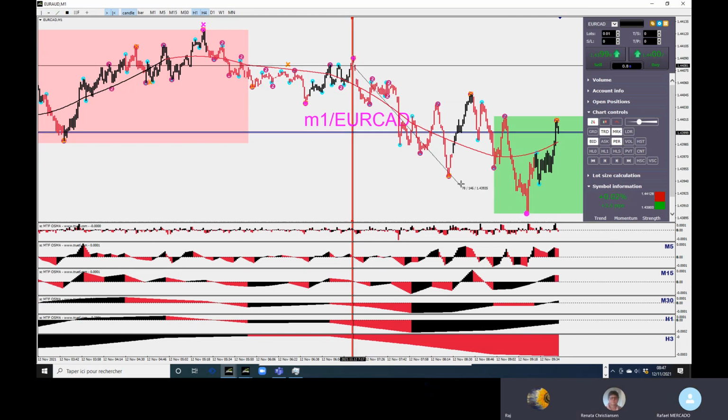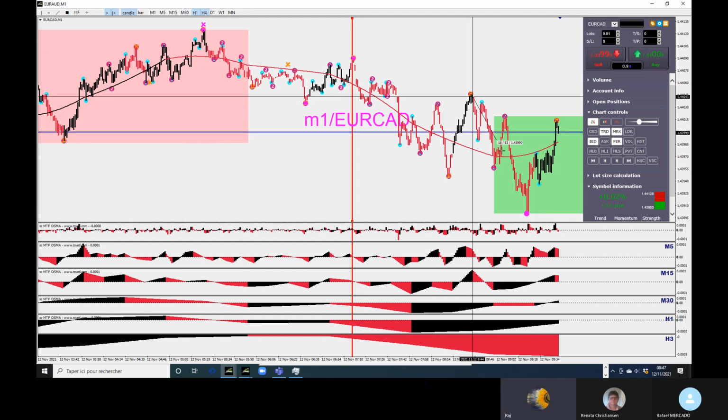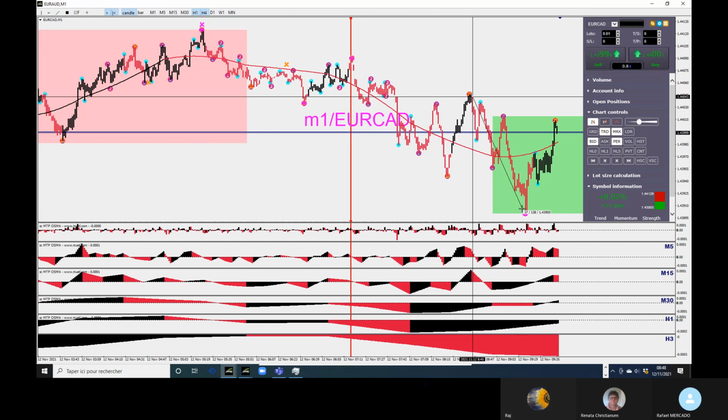A 3 ball here, 13 pips. Now from the next 3 ball down, how many pips was that? Yeah, from there, 14 pips. 27 pips, 2 trades. And you had 2 add-ons on this.